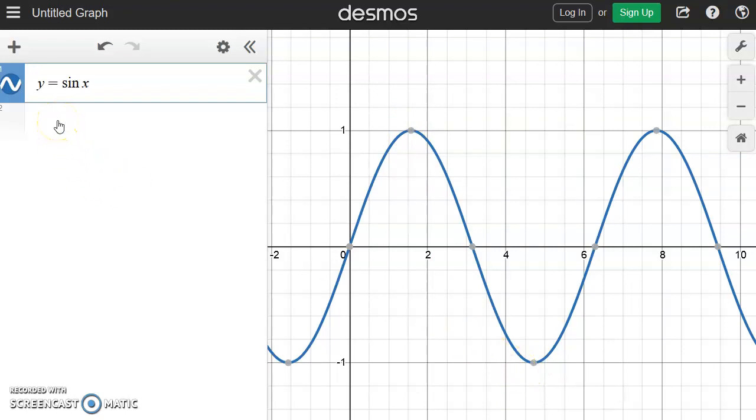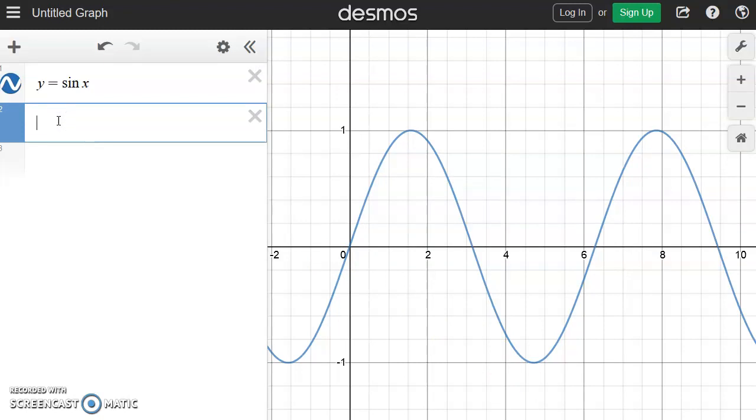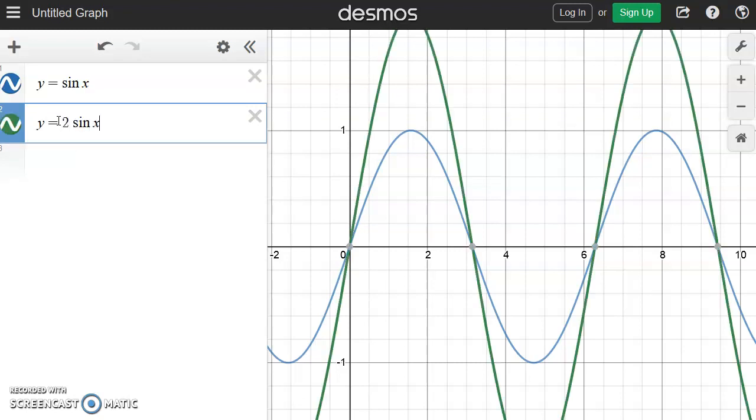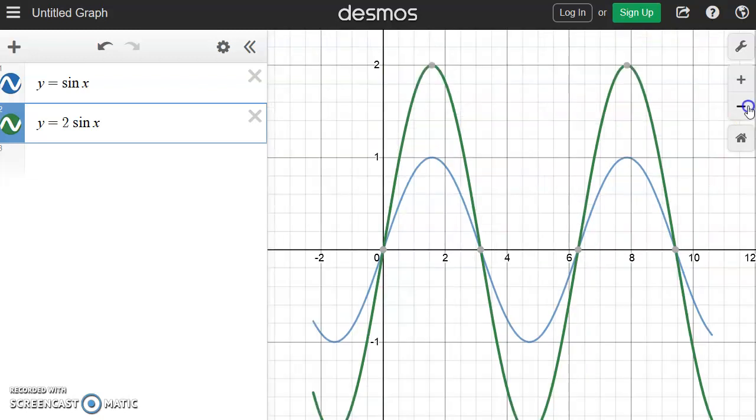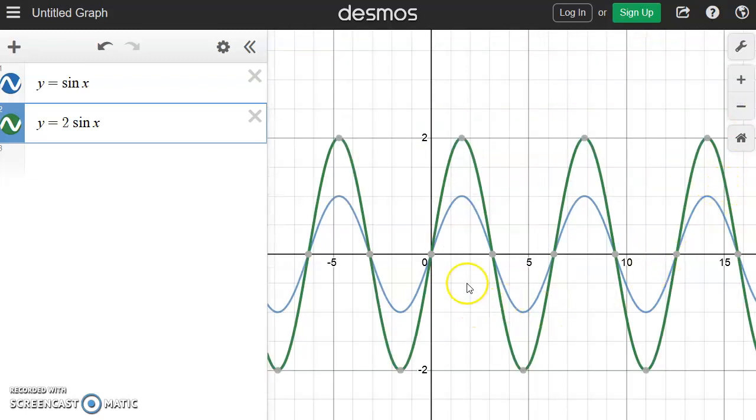And if I multiply this whole function by 2, 2 sine of x, then you can see the graph. Let me make the whole graph a little bit smaller. You can see the green graph is 2 times sine of x.